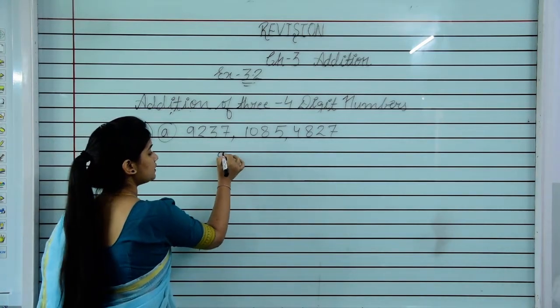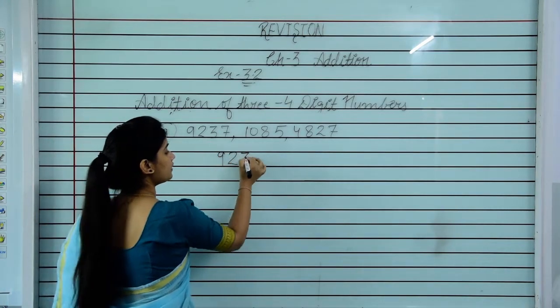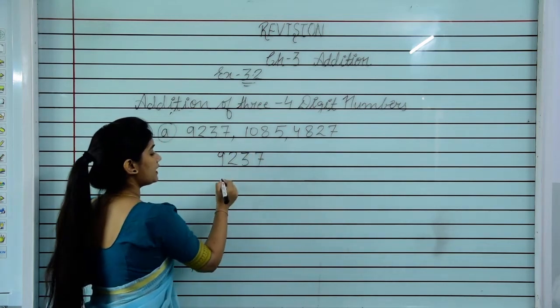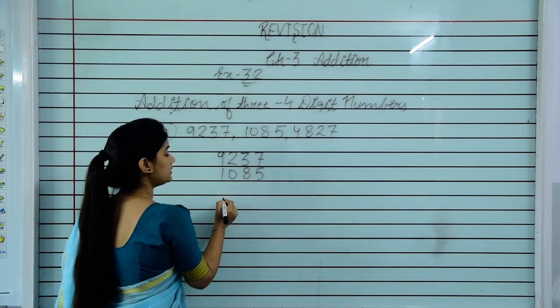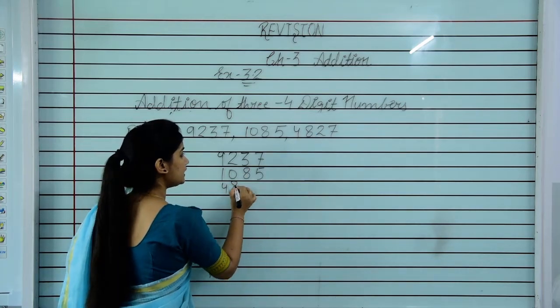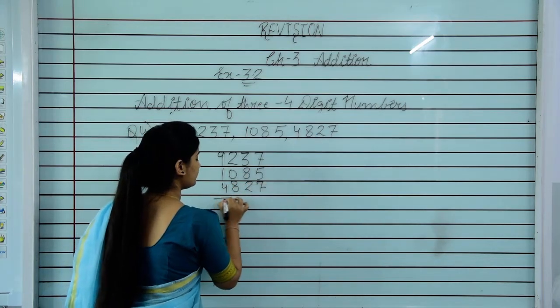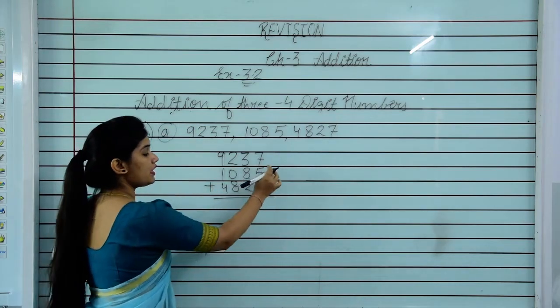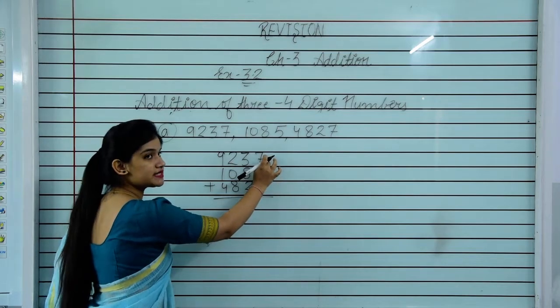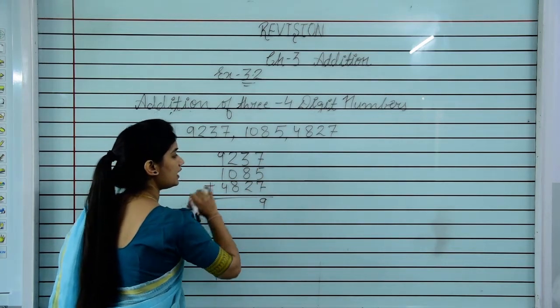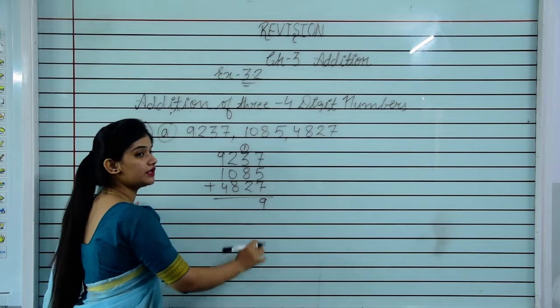Now the first number is 9237, next is 1085, and then the next is 4827. Now 7 plus 5, 12, 12 plus 7, 19, and we carry over 1, 9 will come here.